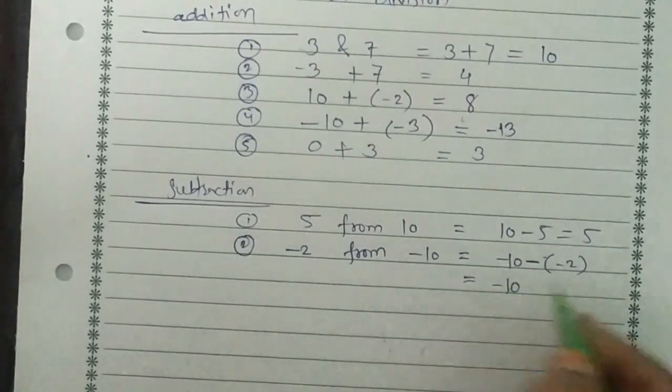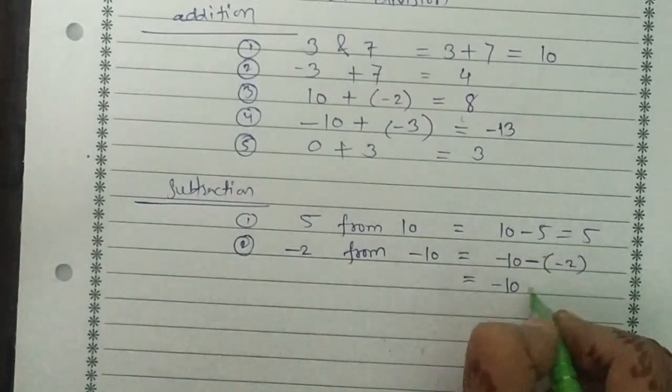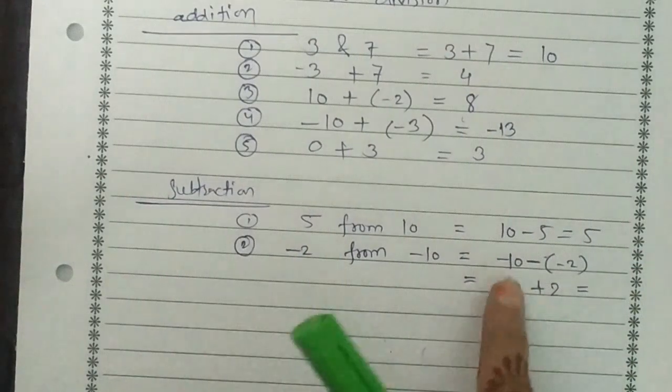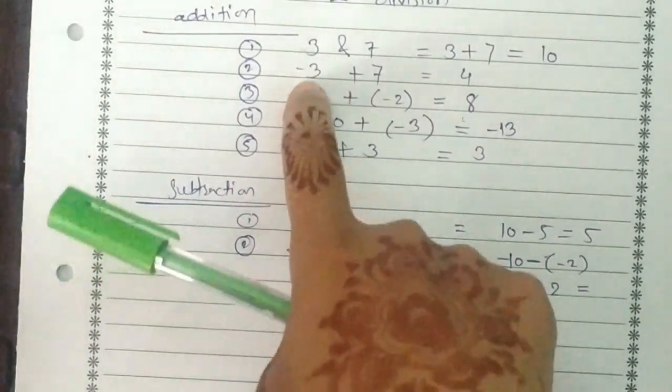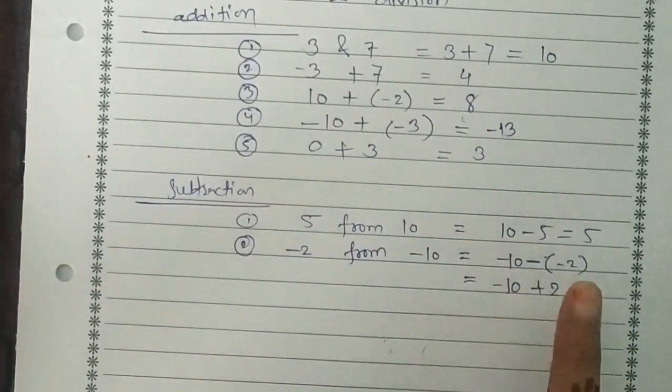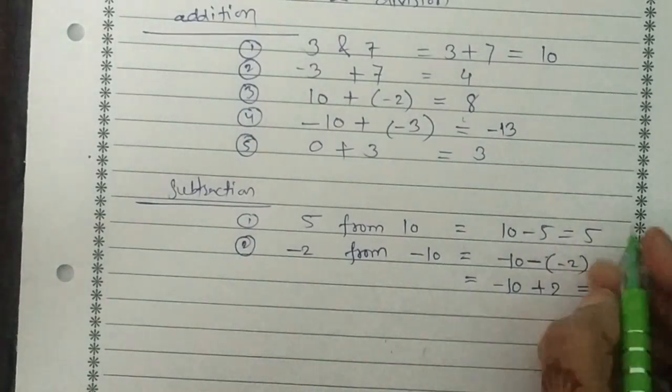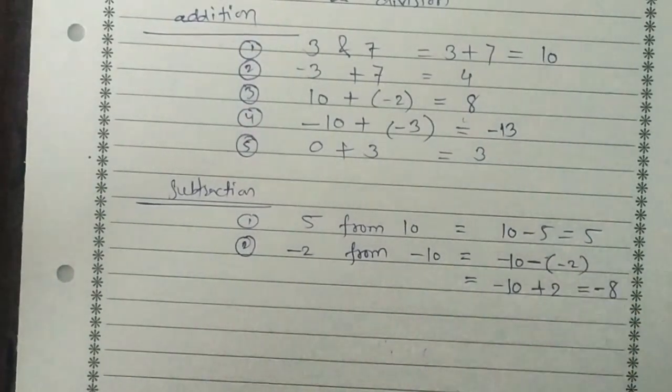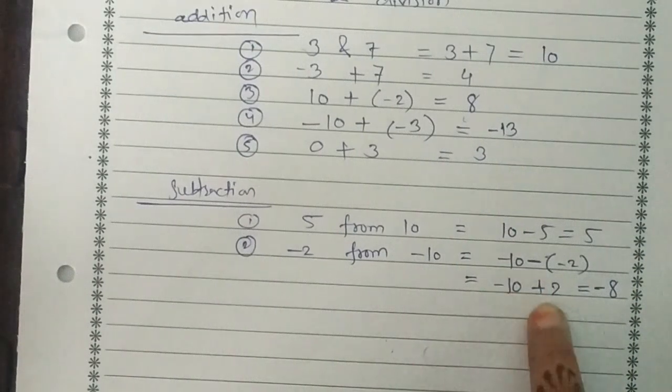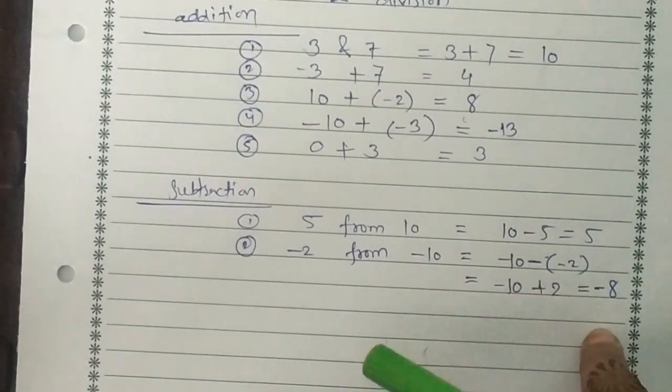So children, here minus 10, and minus minus gives a plus 2. Again we conclude: one negative integer and one positive integer, so simply subtract and give the sign of the larger number. So minus 10 plus 2 gives minus 8. Subtraction first, then the bigger number's sign.